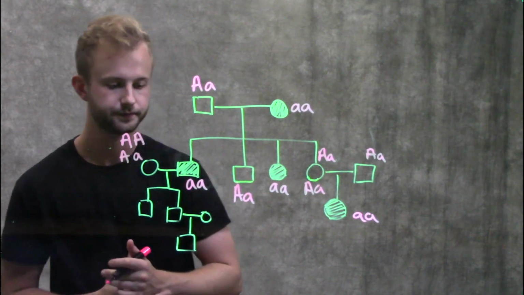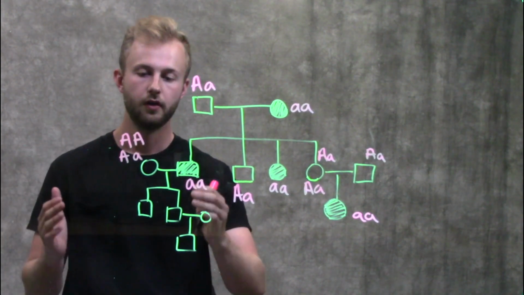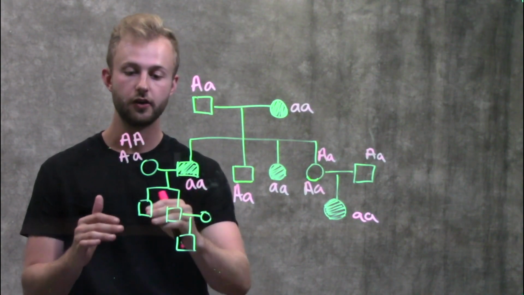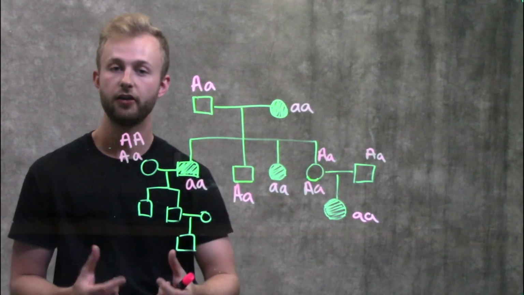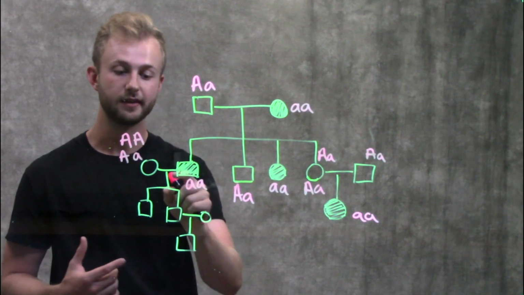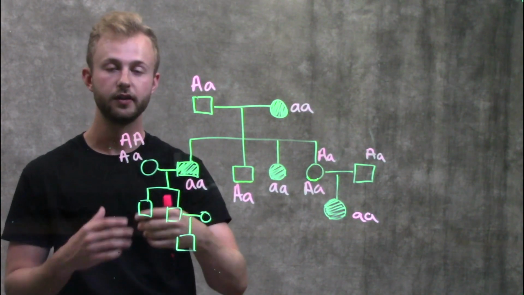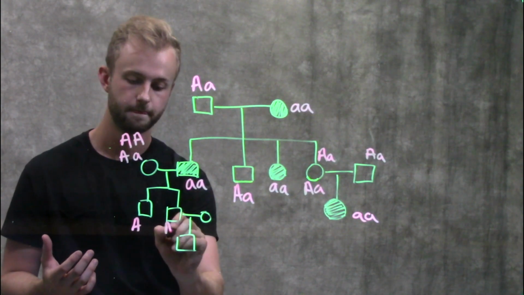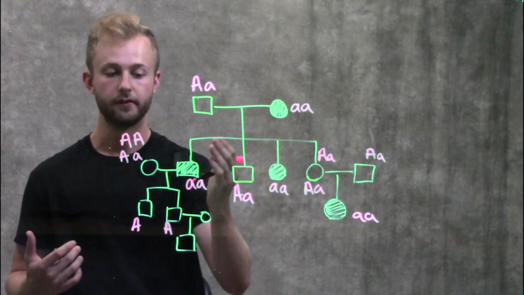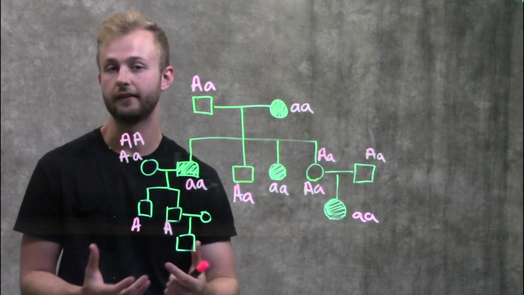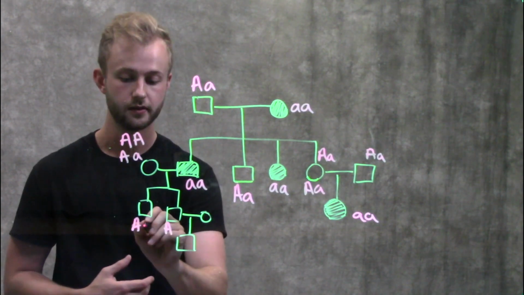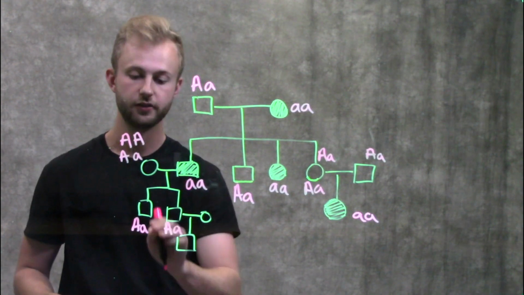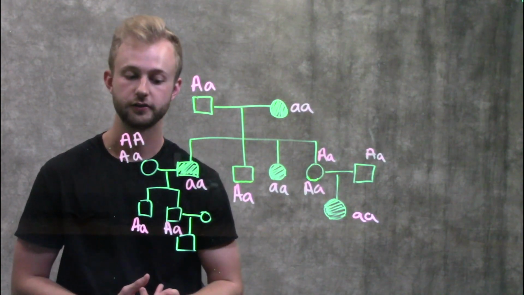Regardless, we know that both of their children are going to be carriers of this disease. That's because, again, the mother would only be able to give these children a dominant allele, so the father would have to give the only alleles that he has, which would be recessive. And so these individuals will also be carriers.